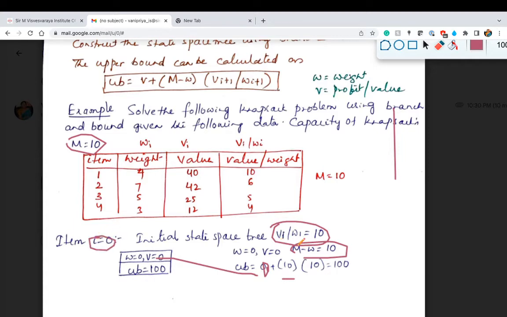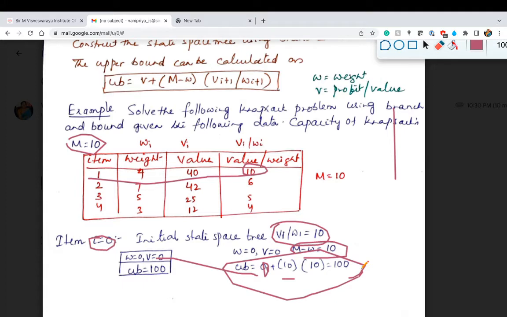Then V(i+1) divided by W(i+1) will be V1 by W1, that means the value divided by weight ratio of the first item. The value by weight of the first item is 10. Substituting in this formula, we are getting 100 as the upper bound of the initial state of the state space tree.